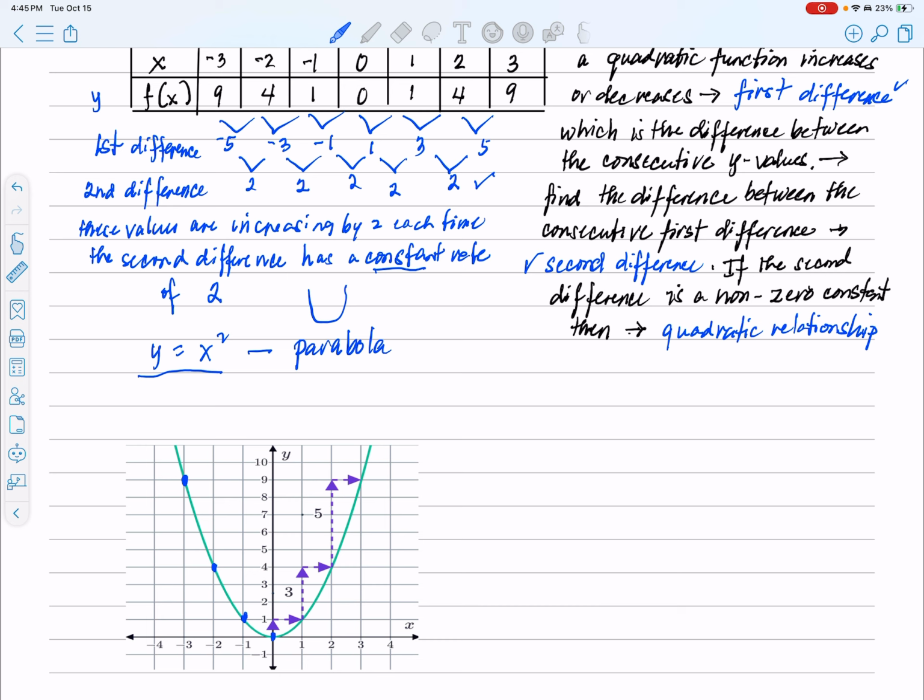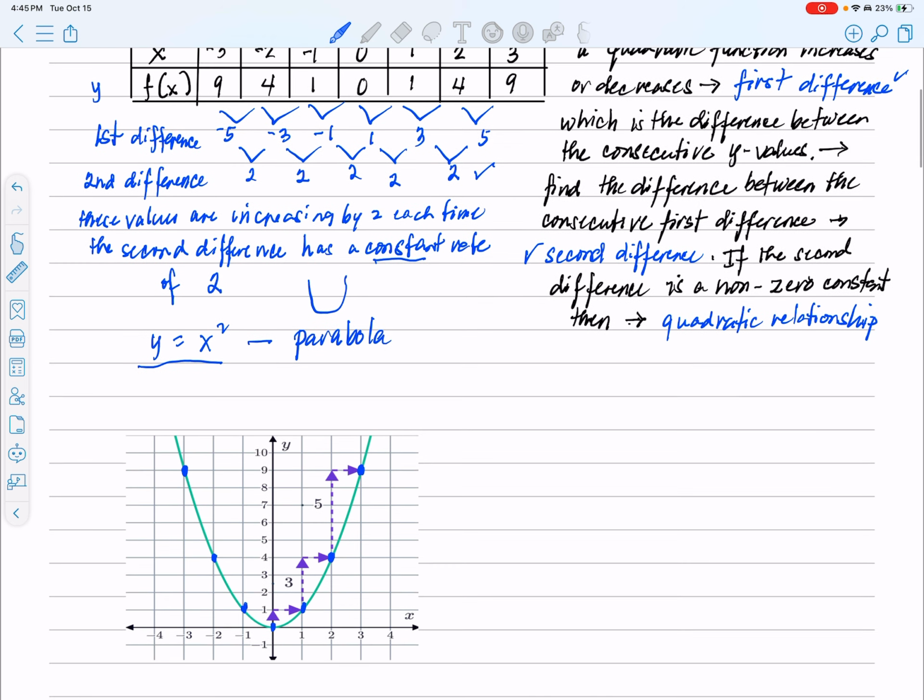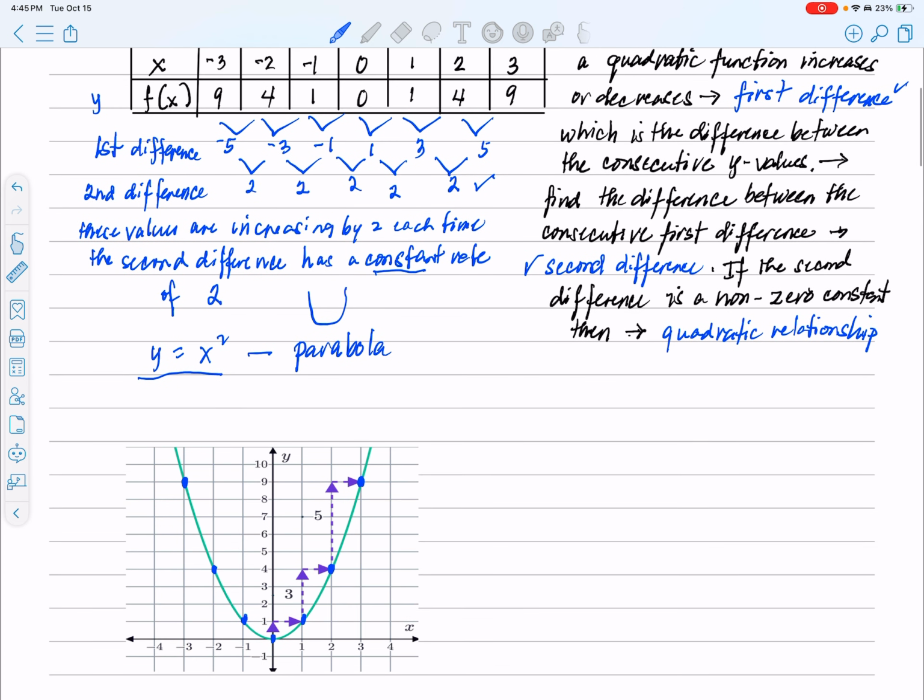Then 1, 1. When x is 2, y is 4. When x is 3, y is 9. If you can see this, the left side is the mirror of the right side, right? Whatever points you have on the left, it's the same point on the right, regardless of the sign.